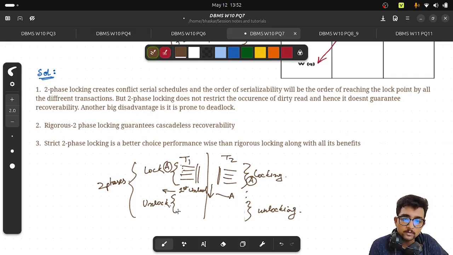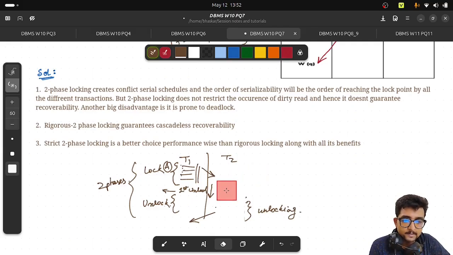So if I do not ask for a lock again, I will not have a dependency in this direction. Try to understand it intuitively.